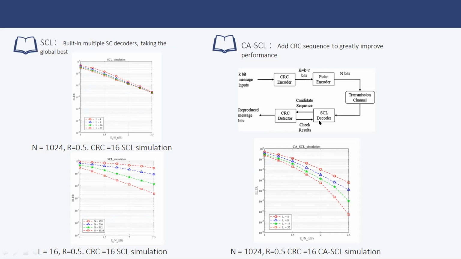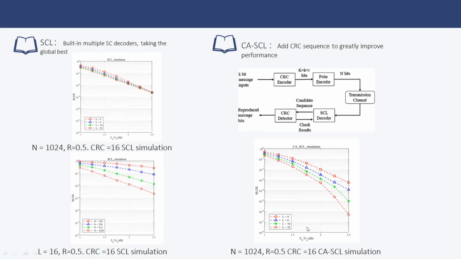So here is the flow structure of the CASCL. Like the SCL decoder, firstly it gets the message input here, but it adds a CRC encoder here, and then uses the polar encoder and transmission, and uses the SCL as usual. But here it has another CRC detector. With those two, the CRC encoder and detector, it will greatly improve the performance.